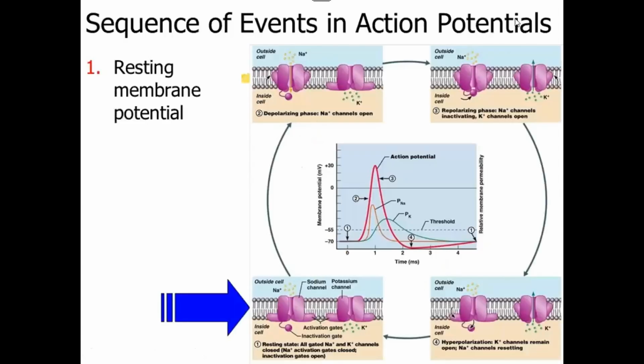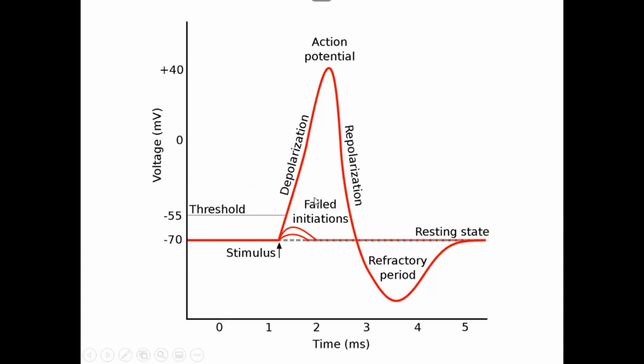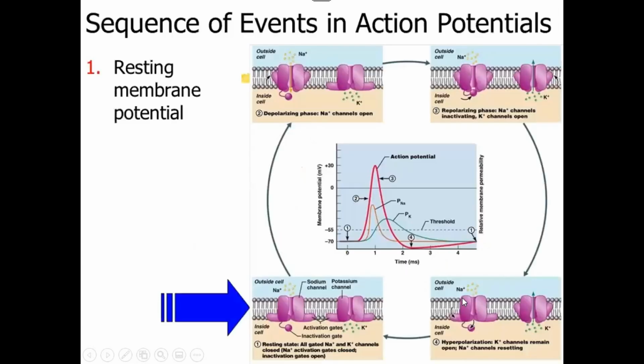Again, the sequence of events here. Resting state: all gated sodium and potassium channels are closed, and only the sodium potassium pump is working. Then the depolarizing phase: sodium channels open. Repolarizing phase: sodium channels close, potassium channels open. Hyperpolarization phase: what is hyperpolarization? When we talked about the resting membrane potential being -70, if it goes even below -70, it means hyperpolarized.